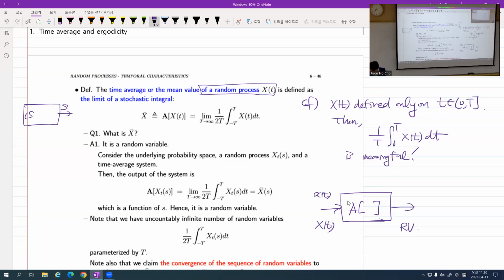We always start with an abstract probability space that describes some random experiment. And here comes an outcome s, and here is a box that maps this s to something.